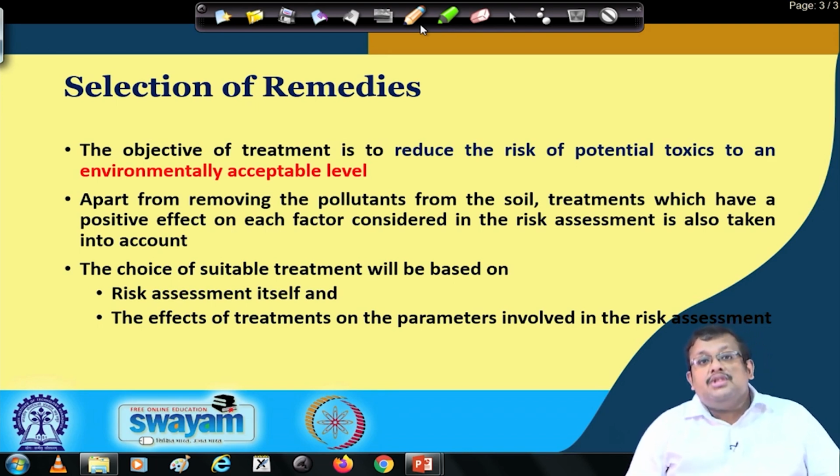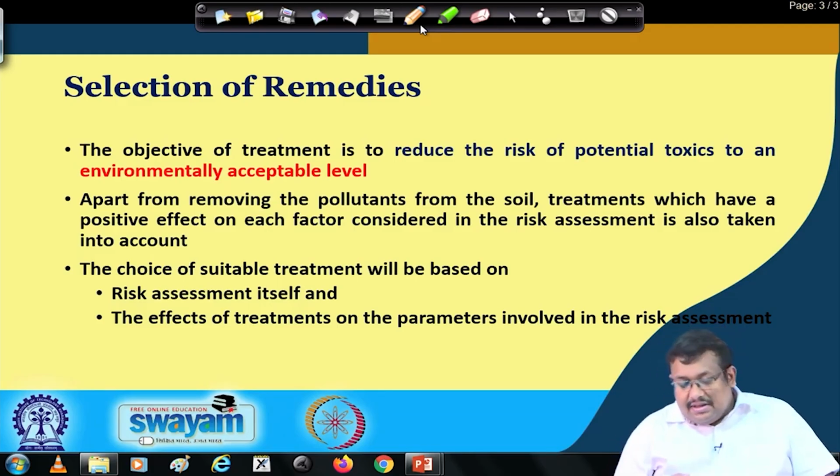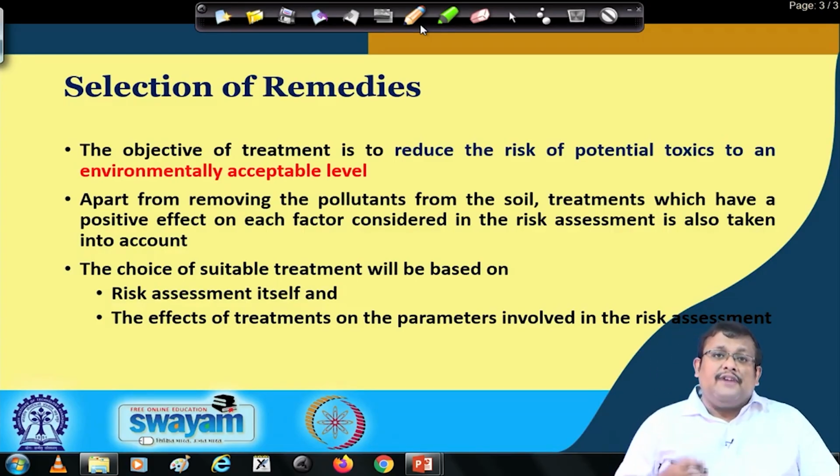Remember, the choice of suitable treatment will be based on two factors. First of all, the risk assessment itself and the effects of treatment on the parameters involved in the risk assessment. So, this is very important. These two factors are very important, and we will be discussing them in detail.